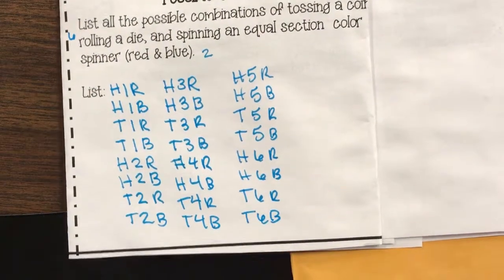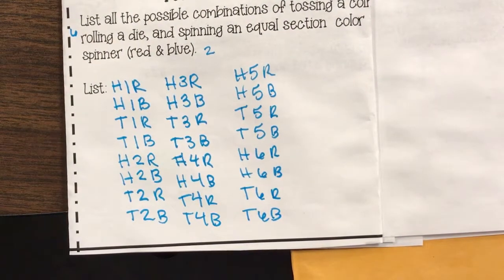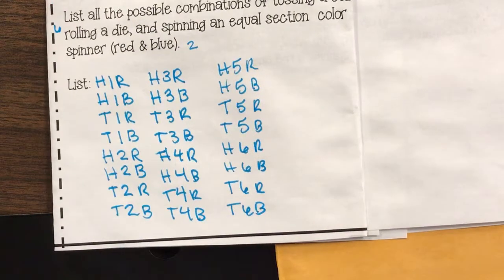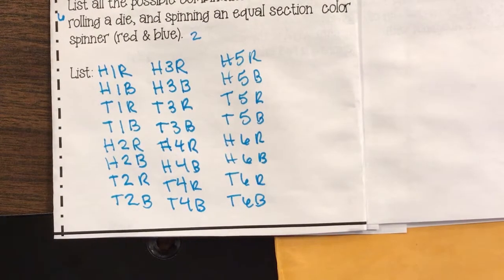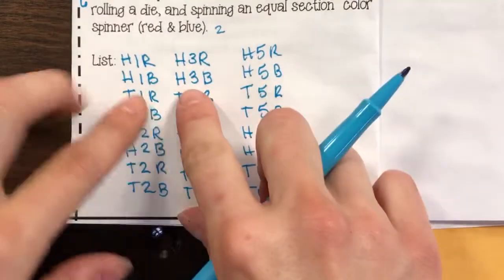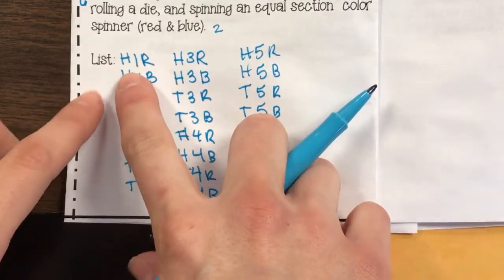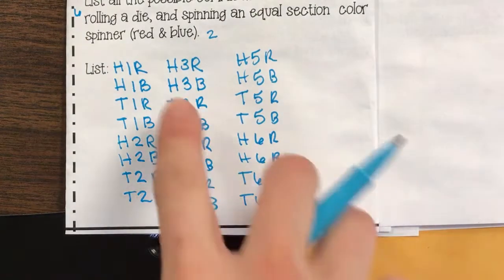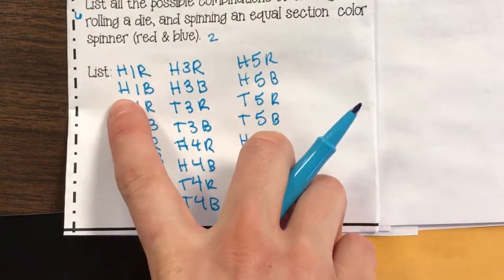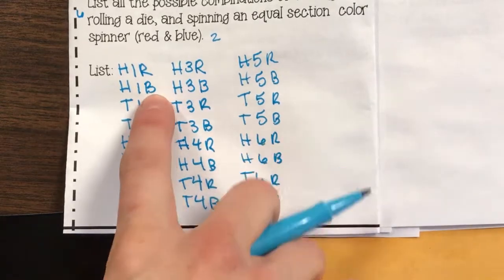Okay, that's a lot. You're just listing every single possibility. The first time I could land on heads, 1, red. The second time, heads, 1, blue.